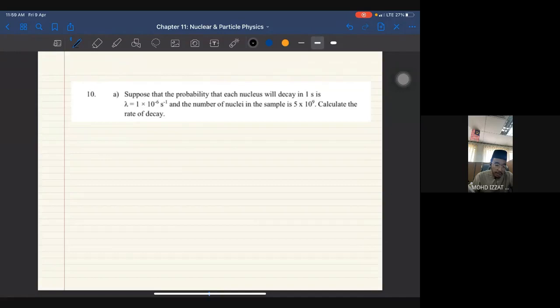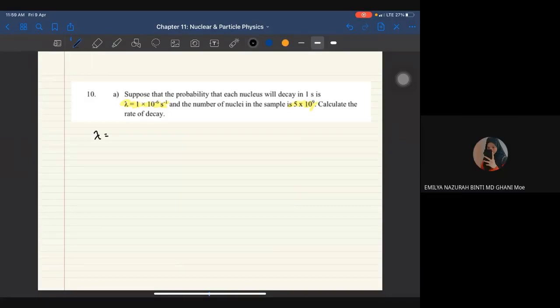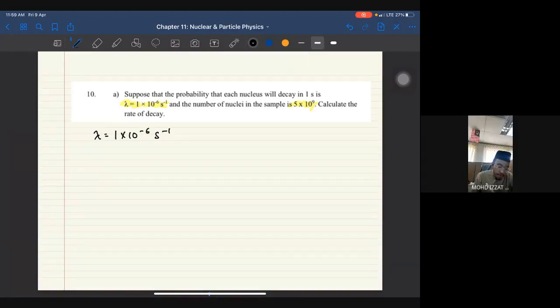Calculate the rate of decay. Okay, so what does this number represent? Oh, lambda, it's already written lambda. What does this number represent? N, sir. The number of atoms, yes, the number of nuclei. That's the same thing. And it equals 5 times 10 to the power of 9. Calculate the rate of decay.